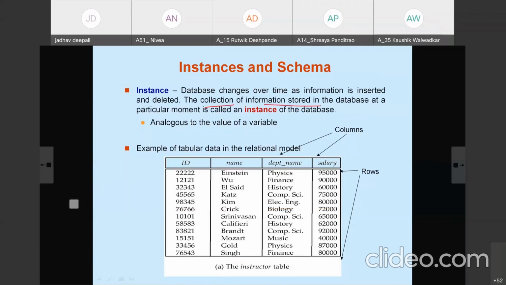Means at this moment, how many records are here? 1, 2, 3, 4, 5, 6, 7, 8, 9, 10, 11, 12. So 12 records of instructor are there. We call it an instance of the instructor table. The collection of information stored in the database at a particular moment is called an instance of the database.